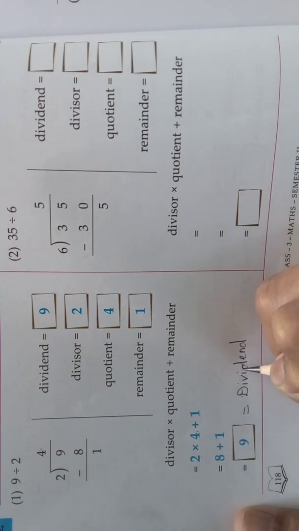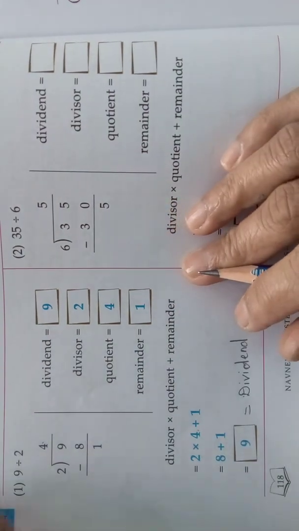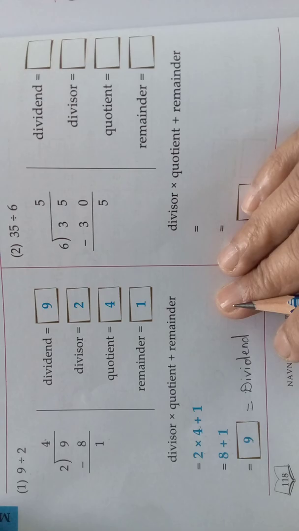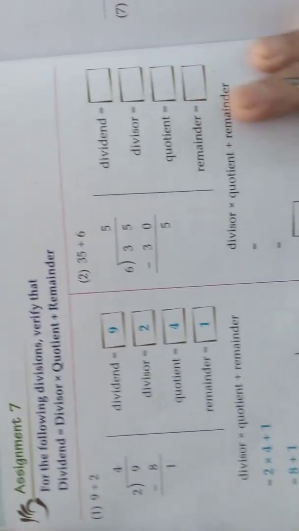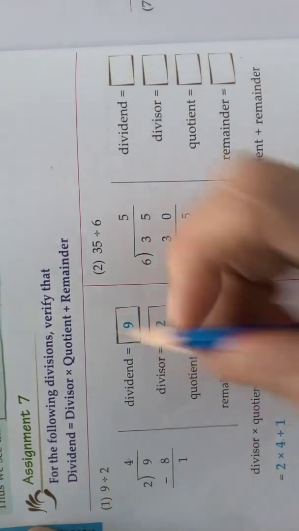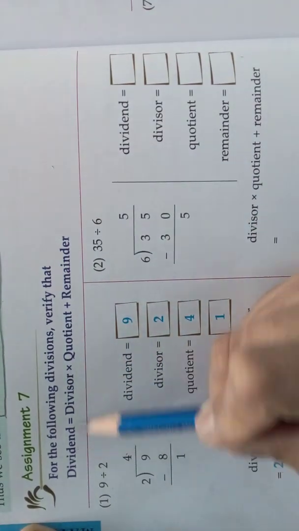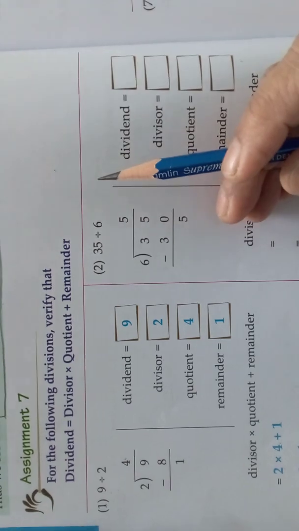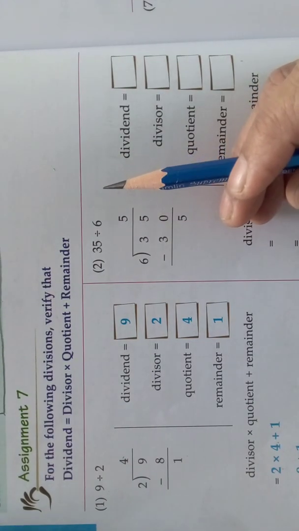So, the formula is correct. You verified. That is the verification. What is the assignment? You should verify that dividend is equal to divisor into quotient plus remainder. Verify means check.